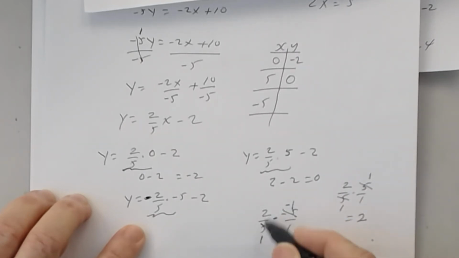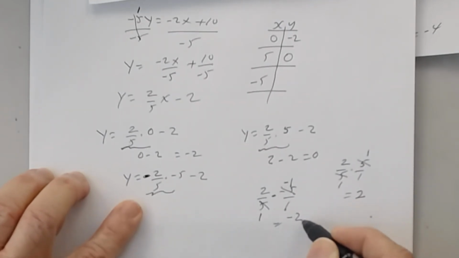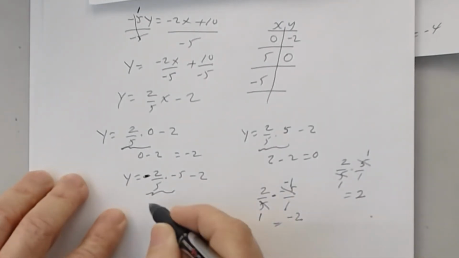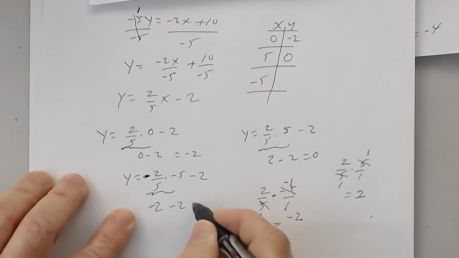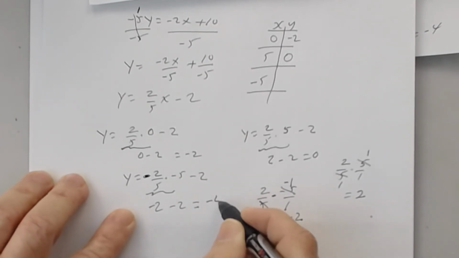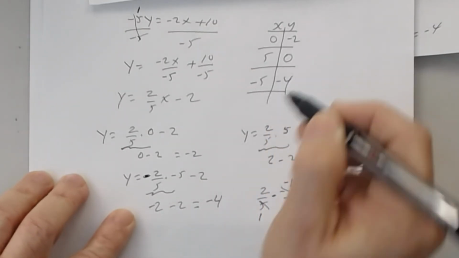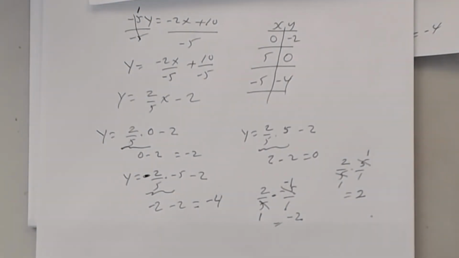This fraction I'm pointing to is 2, and this is negative 1. 2 times negative 1 is negative 2. So this becomes negative 2 and negative 2, which is negative 4.